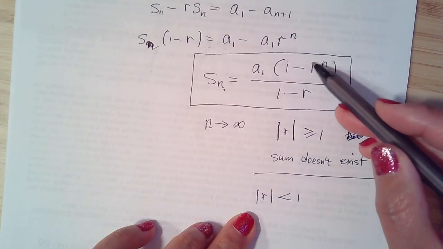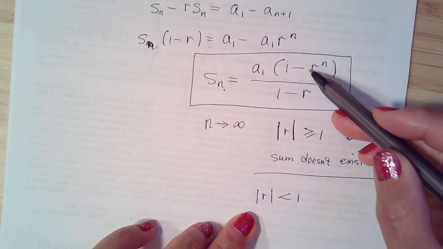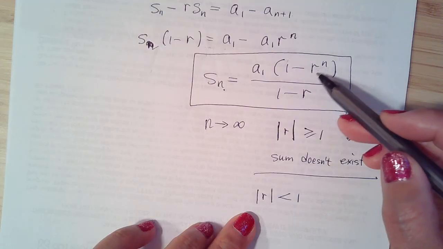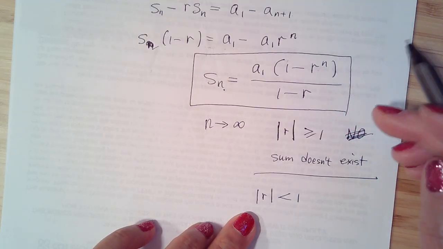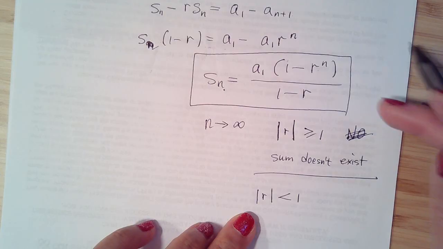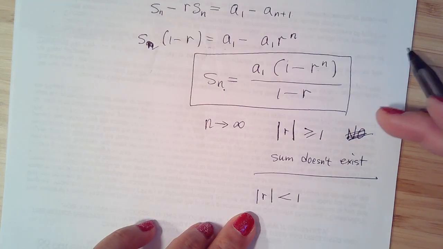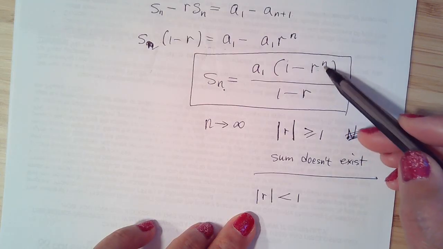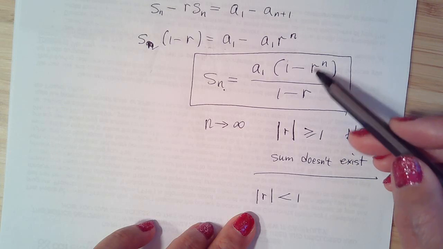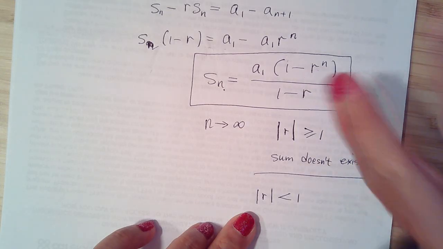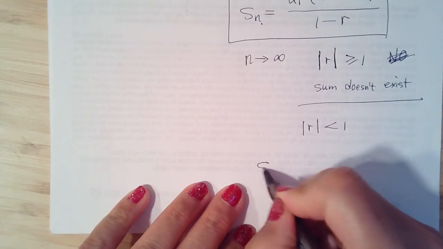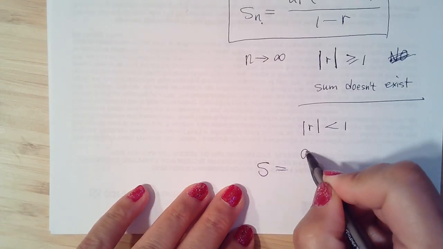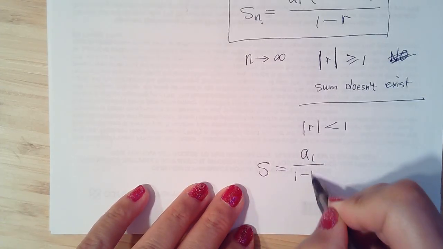Now, r is a number between positive and negative 1 to the nth power, and n is a huge number. You think about a number less than 1, you multiply by itself so many times, it will always get close to 0. So 1 minus 0, so this part will be just 1. Therefore, your s will be a1 over 1 minus r.